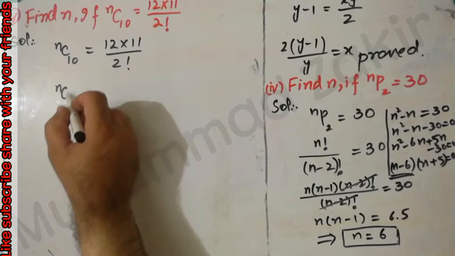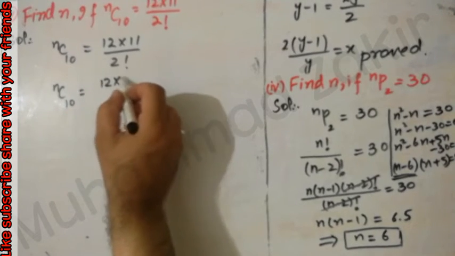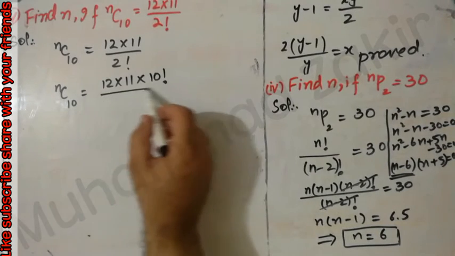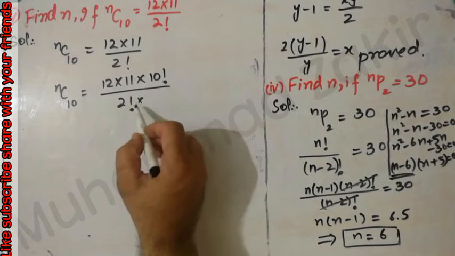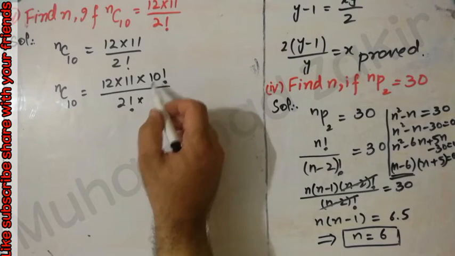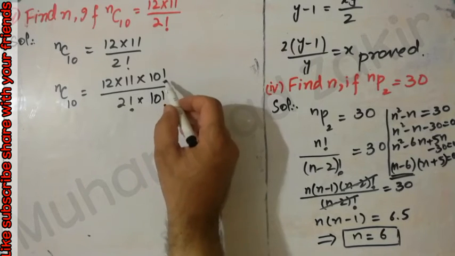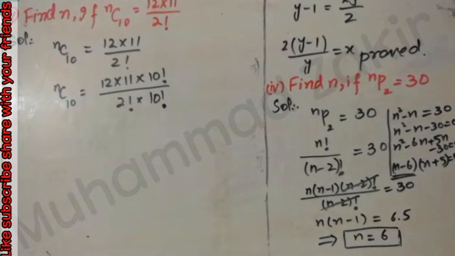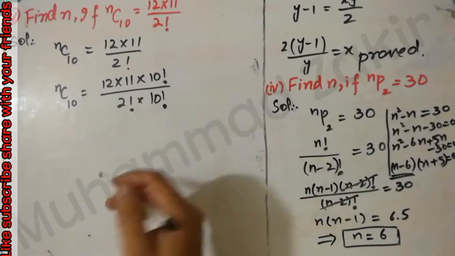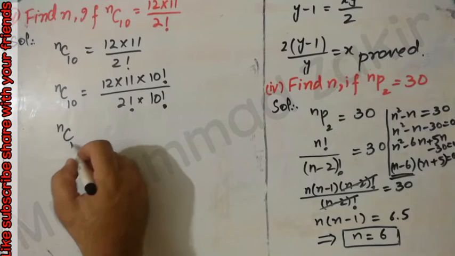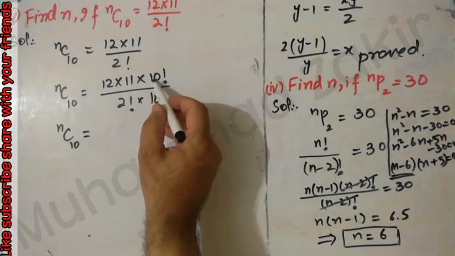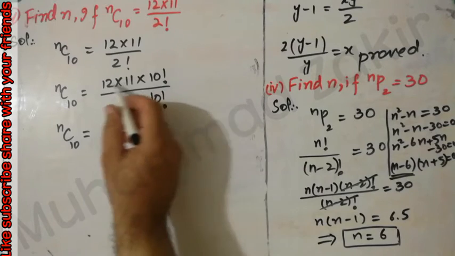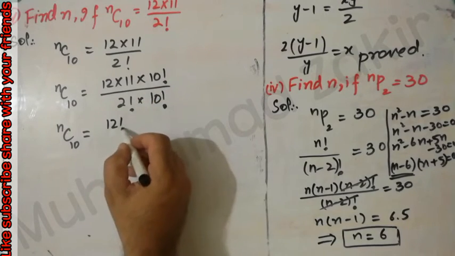So this is nC10 equal to 12, 11, one smaller is 10, its factorial is multiplied, and obviously this can be done only if we divide also. So we multiply and divide the right hand side by 10 factorial. One thing we already know is that these three are consecutive: 10, 11, 12. Greatest is 12, so it will become 12 factorial.